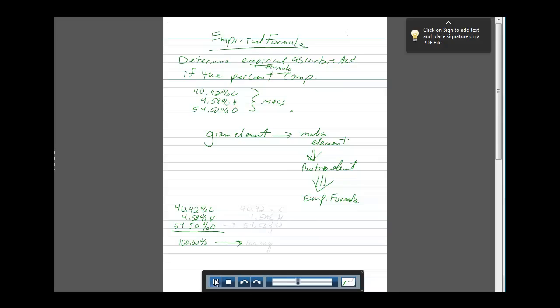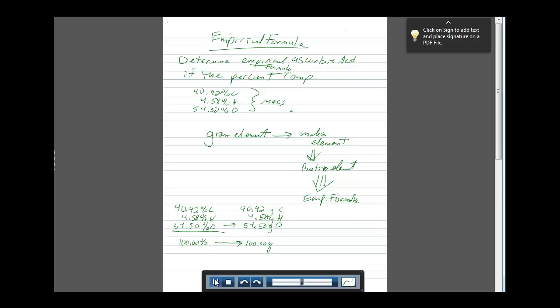So what we can do is we can assume that out of 100%, let's say we just have 100.00 grams. And if that's the case, that means 54.50% oxygen is really going to be the same as 54.50 grams of oxygen. And the similar case for the other ones of hydrogen and carbon as well.